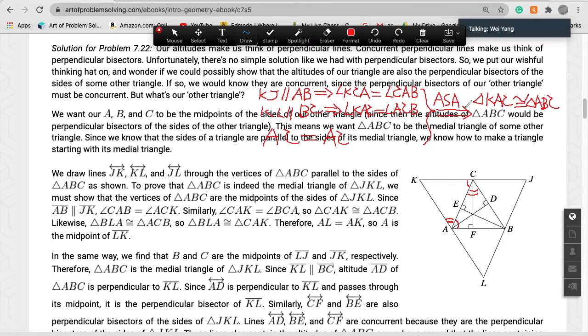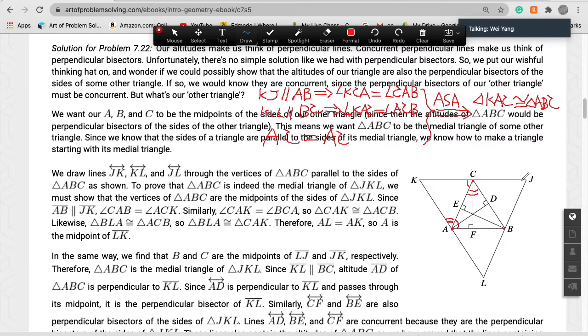Now let's see part C. They ask you to use part B and similar congruence to prove that A, B, and C are all the midpoints of KL, LJ, and KJ. Okay, so how to prove this?